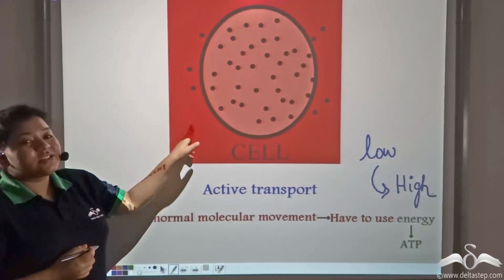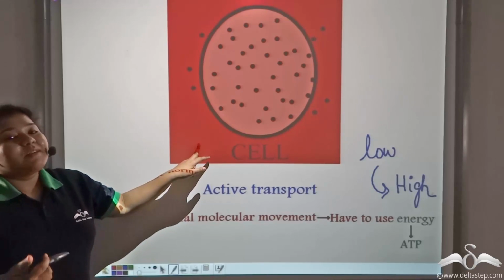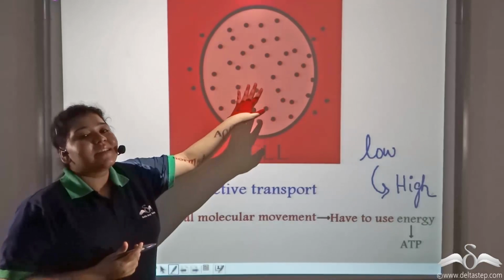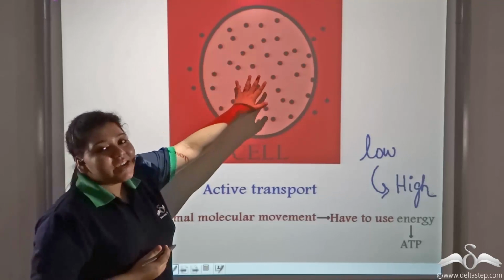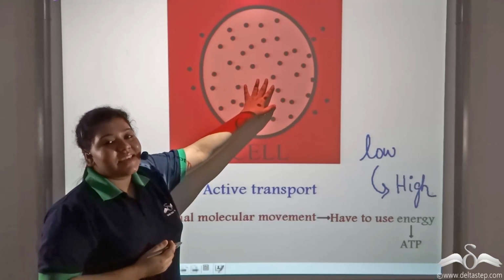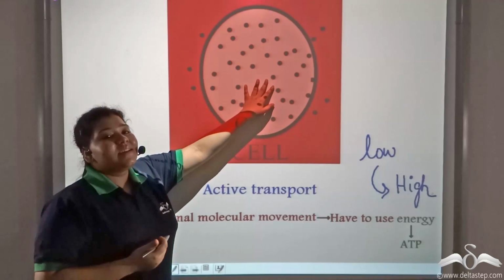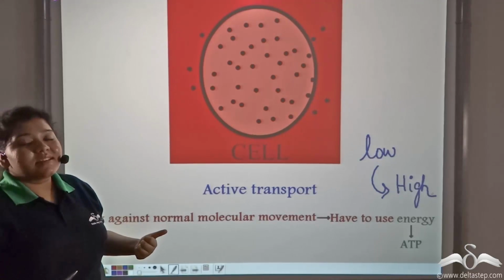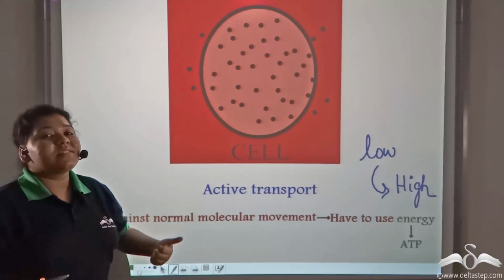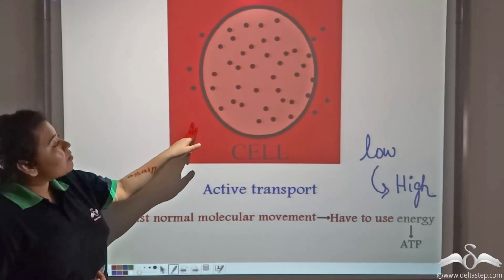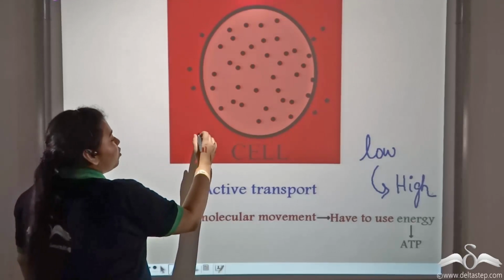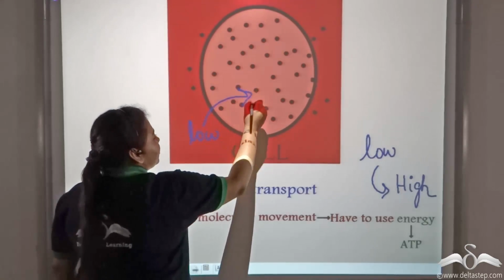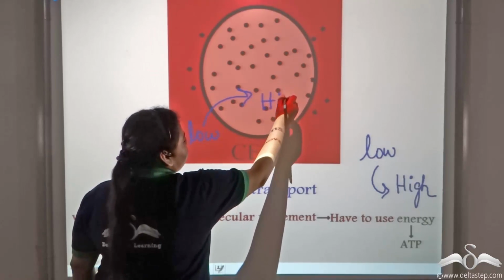See, in this picture, consider that potassium ions are already present in a high concentration inside the cells. But potassium ions are less in concentration outside the cells. But in spite of this concentration difference, potassium moves from a low concentration to a region of high concentration.